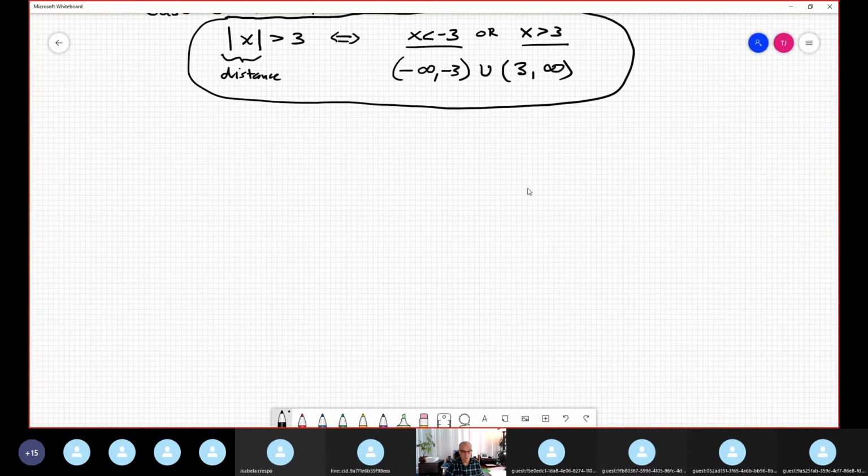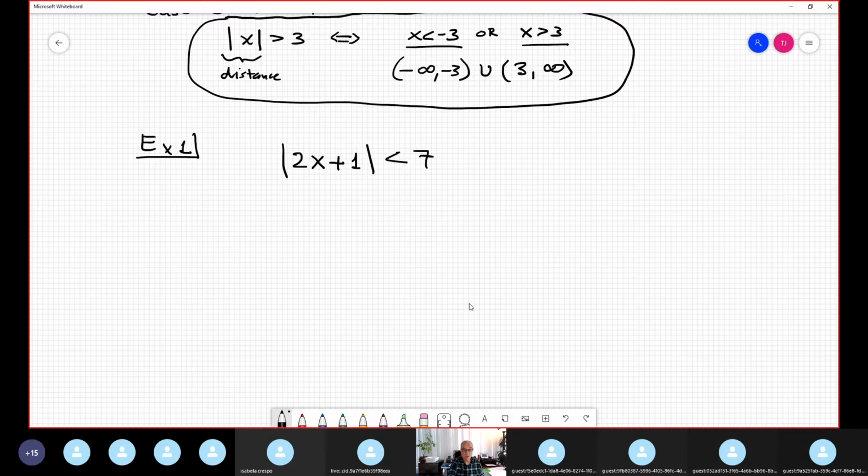Okay, slow down. Let's do an example of an inequality that contains absolute value. Example 1. Suppose this: absolute value of 2x plus 1 less than 7.